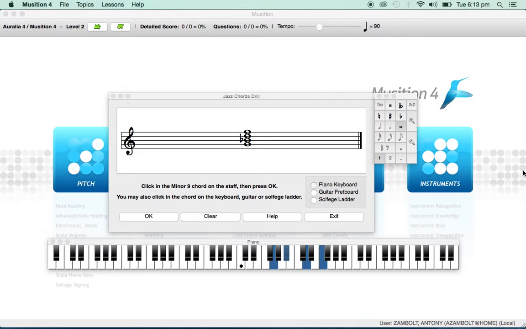So we can do a quick step here. We know this is 10, and we can just continue from there: 10, 11, 12, 13, 14, and we end up on that note. And there is our G minor 9 chord.